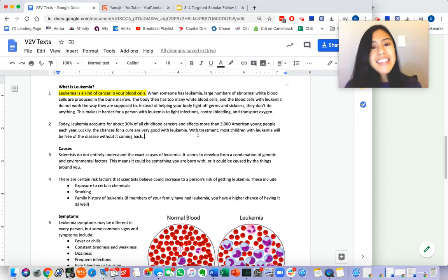Wow, it sounds like leukemia, this cancer, mostly affects children. But luckily, it seems that now it's largely treatable. I think that this last sentence best describes the effect of leukemia on children. A lot of children get it, but most will be free of the disease if they are treated.